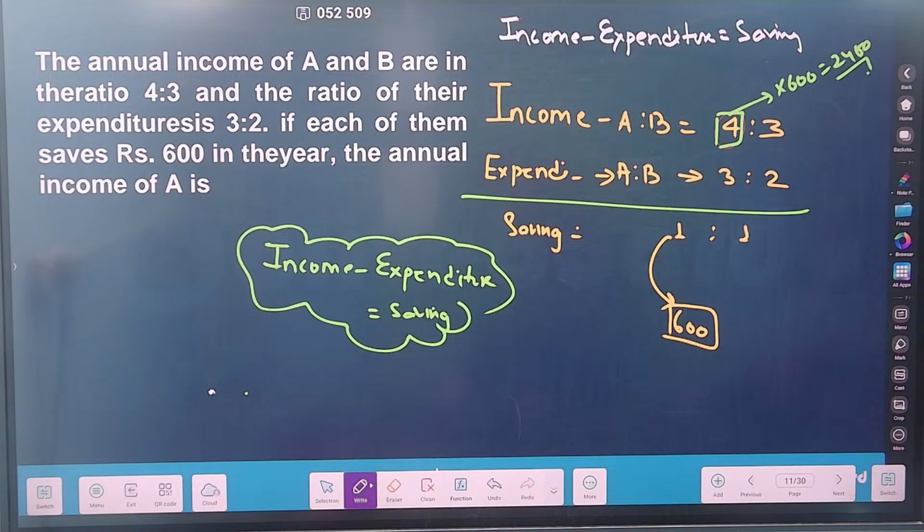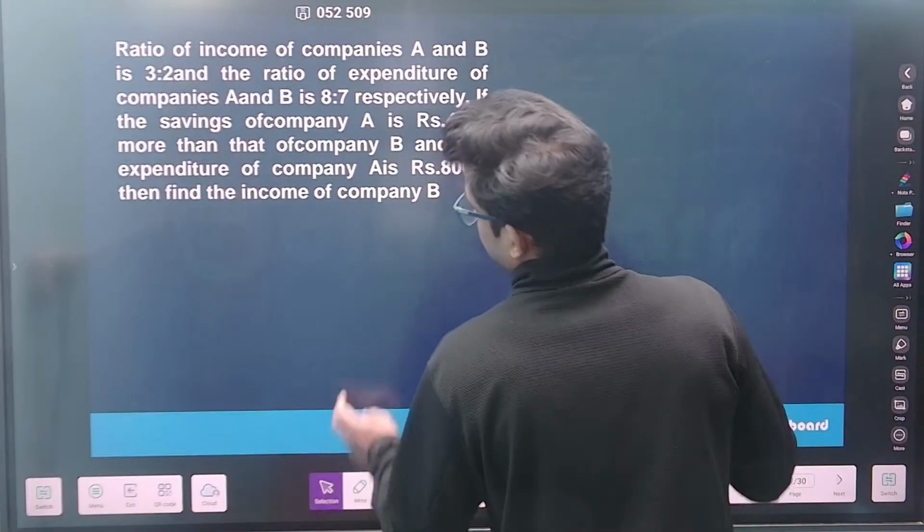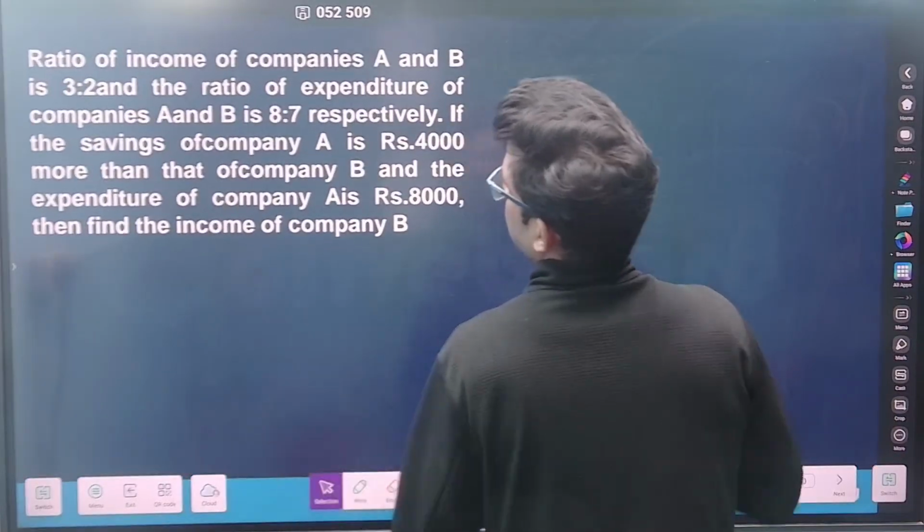Clear now? So this was a slightly simple question on income and expenditure. Try solving this. Come on.